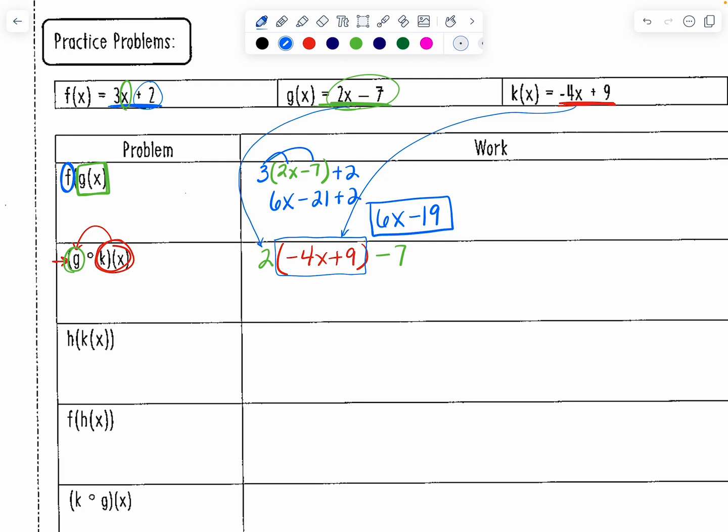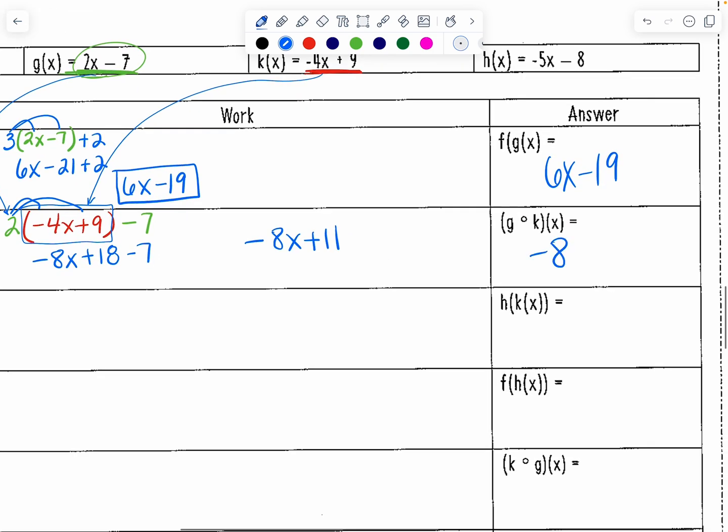Okay, so now I'm just going to simplify this. So negative 8x plus 18 minus 7. So now I have negative 8x plus 11.